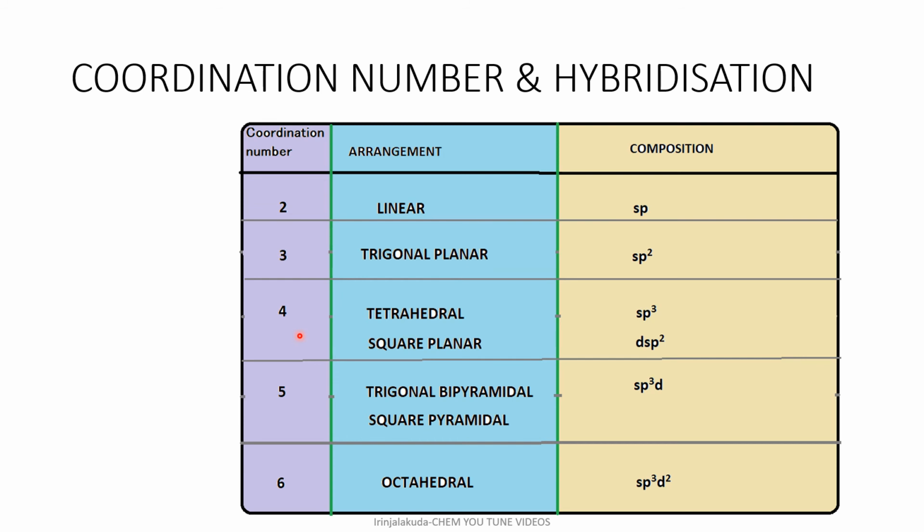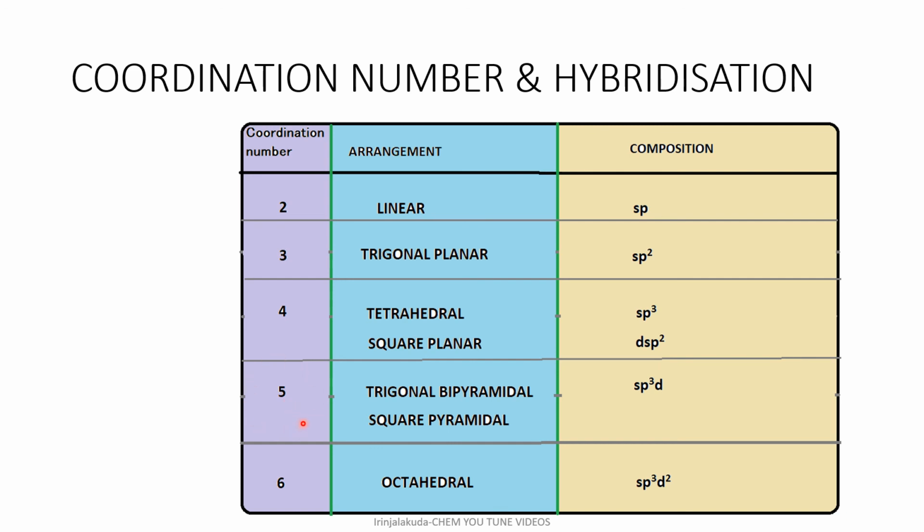For coordination number 4, we know that for the same coordination number, different geometries or arrangements of ligands around the central metal ion are possible. That is, you can see tetrahedral and square planar. For tetrahedral geometry, the hybridization is sp3. For square planar geometry, hybridization is dsp2.